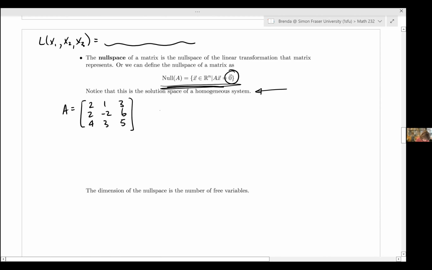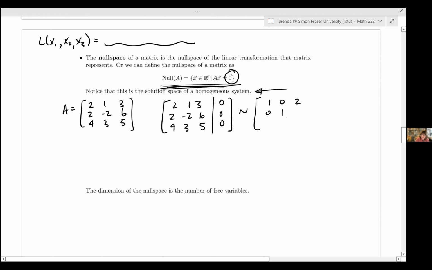And the null space of this matrix is the solution to the homogeneous system, as if this were a system of 3 homogeneous linear equations. So I simply go ahead and do my row reduction again, and I get this here.